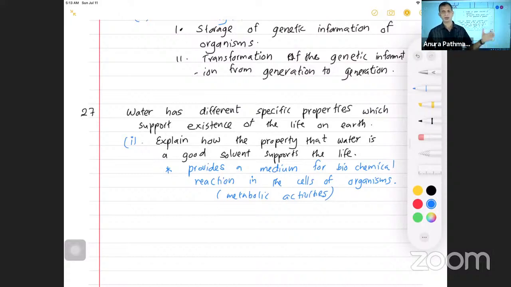Some bigger molecules are broken into smaller molecules, and from them new molecules are made. This should happen in a liquid environment. If the liquid environment is not there, the reaction would not be that efficient or effective. So water is a very good medium for all these biochemical reactions that take place within a cell.